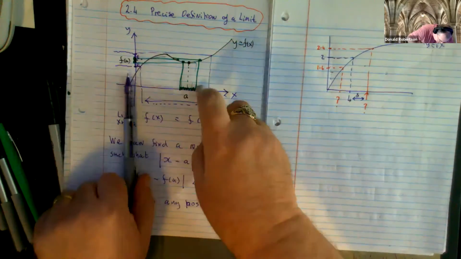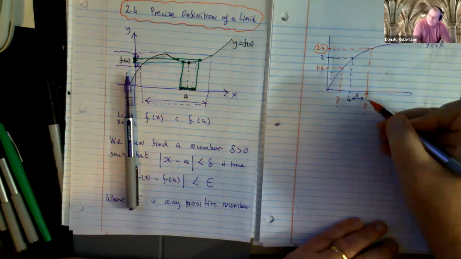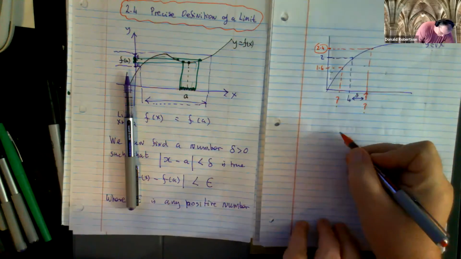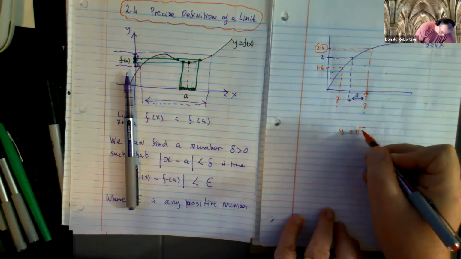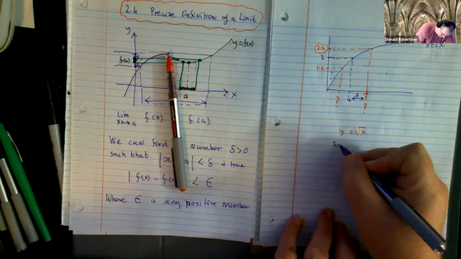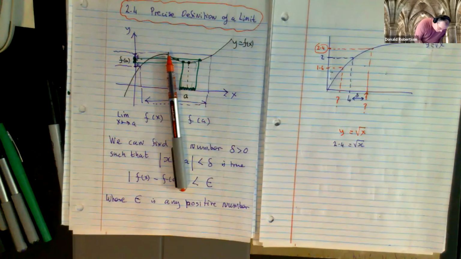Now, if this number here is 2.4, shouldn't we be able to find x? So how would I do that? Well, y equals the square root of x. The y value is 2.4. So 2.4 is the square root of x.